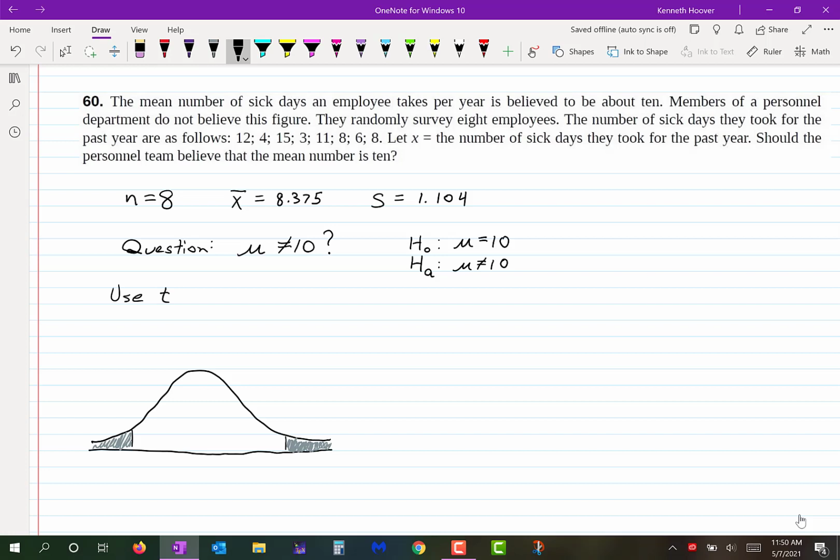With how many degrees of freedom? 7 degrees of freedom. That's n minus 1.